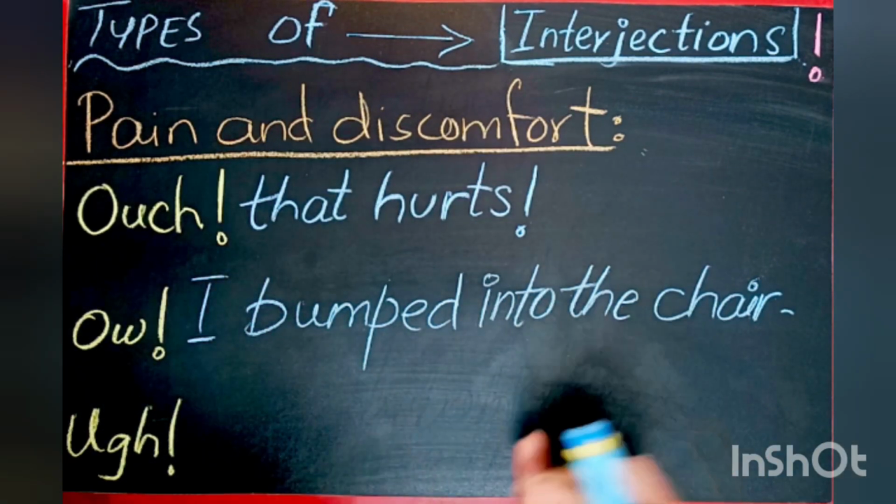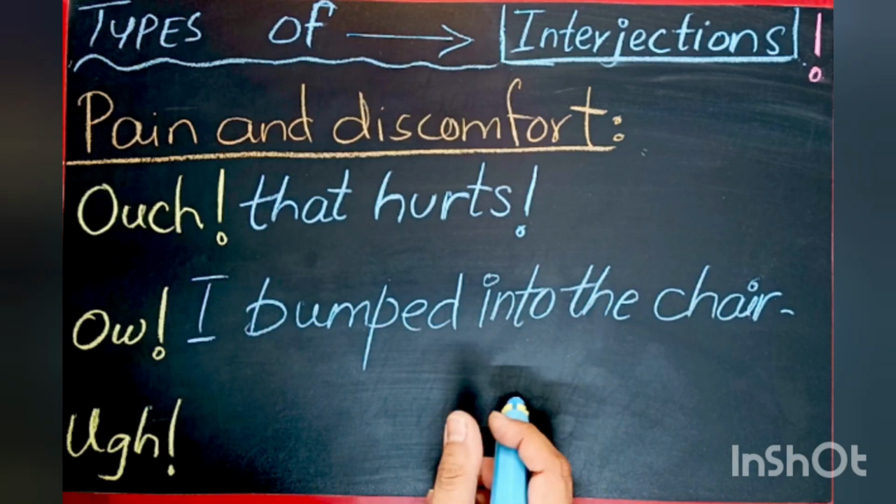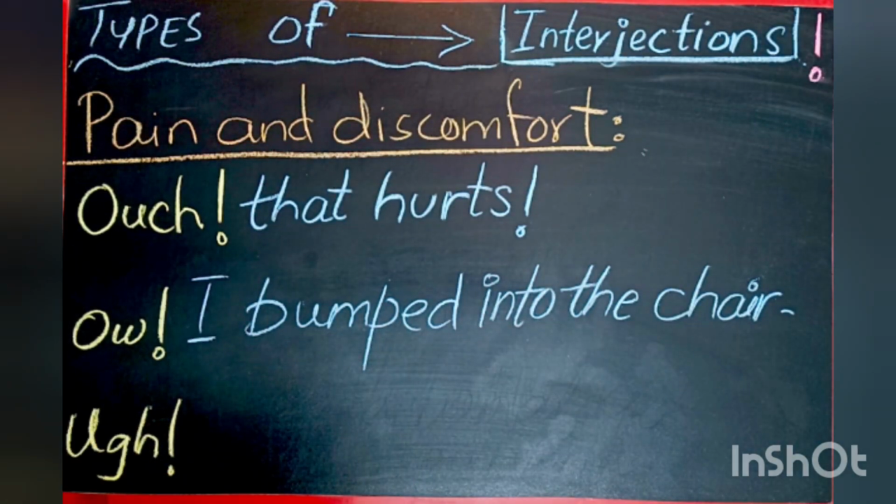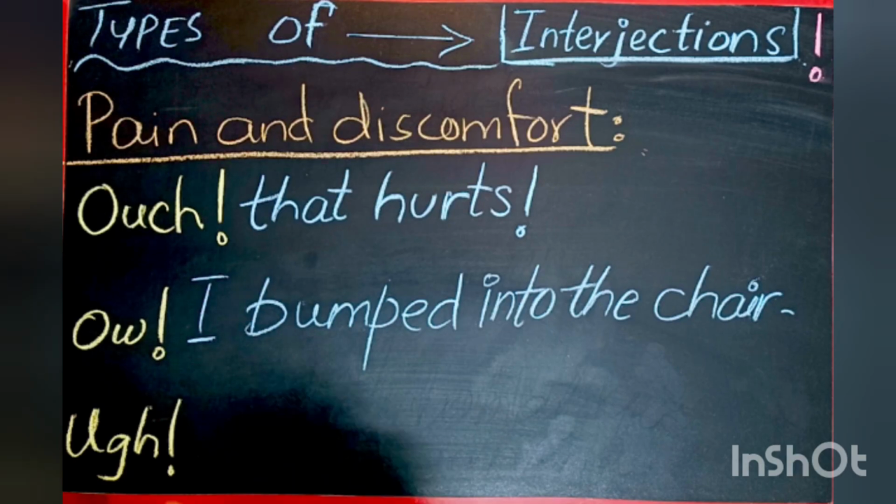Ow sounds like cow, bow, or brown, or the sound where we use O and W, like brown, owl. So it is pronounced as ow.